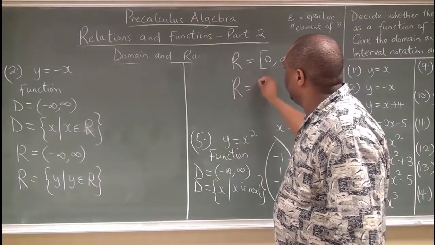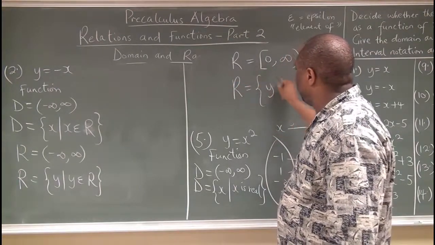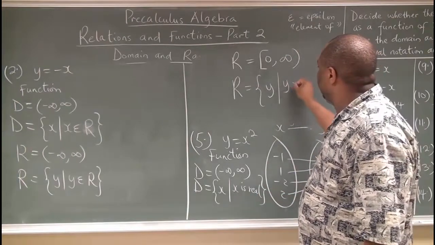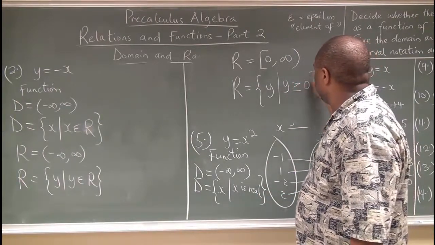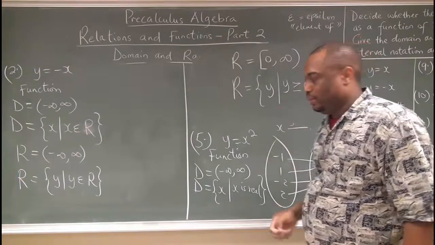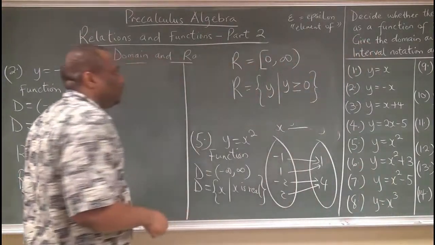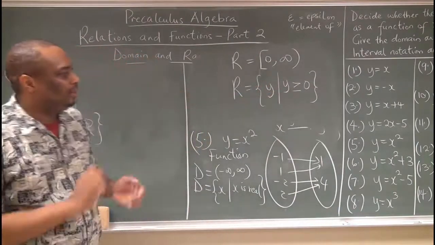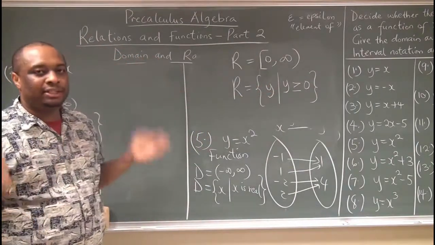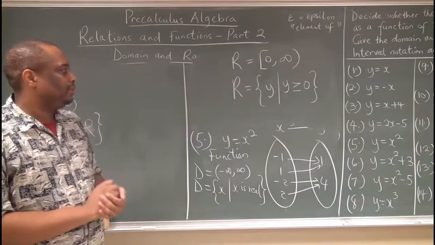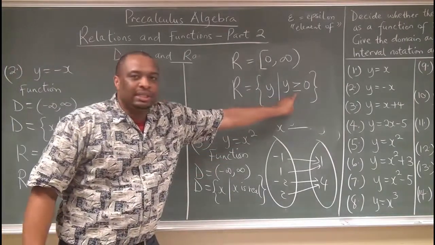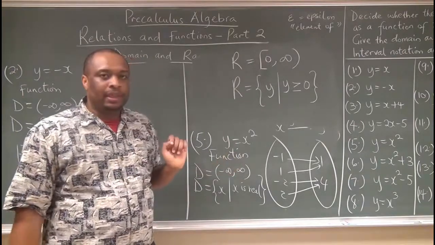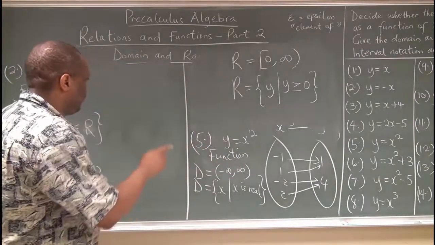Set notation will be, range is a set of y such that y is greater than or equal to 0. Y is real and is greater than or equal to 0. That is the set notation. Set of y such that y is greater than or equal to 0. If you don't put this equal to 0, it's wrong. 0 is included. Okay? That is for 5.